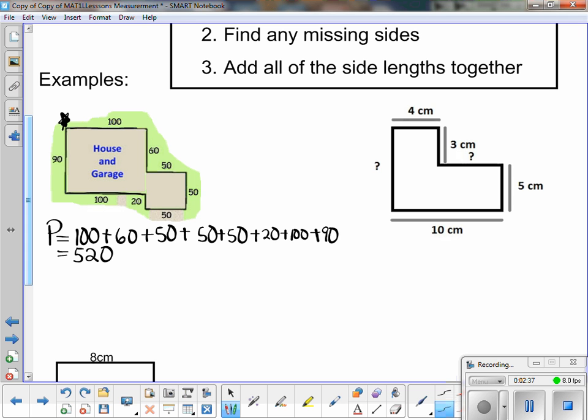I don't know what the units are, because it just says 50. It could be 50 meters, it could be 50 feet. I'm going to say it's 50 feet. Or if it's not there, your teacher might prefer you just to put 520 units, and the teacher can figure out what the units are.